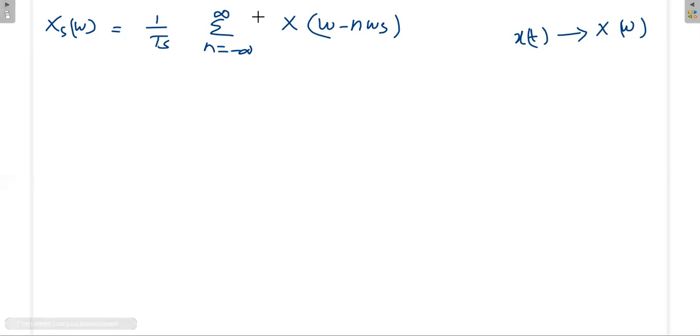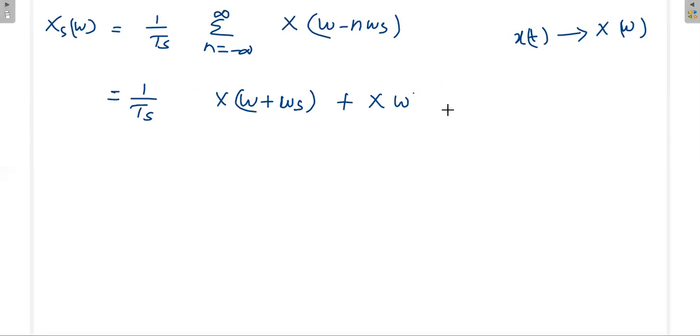Now what is happening? We just apply that summation, keeping the 1 by Ts separately. For example, if n is equal to minus 1, it is omega plus omega s. If n is equal to 0, simply X of omega. When n is equal to 1, omega minus omega s. Again it is getting extended on both sides.